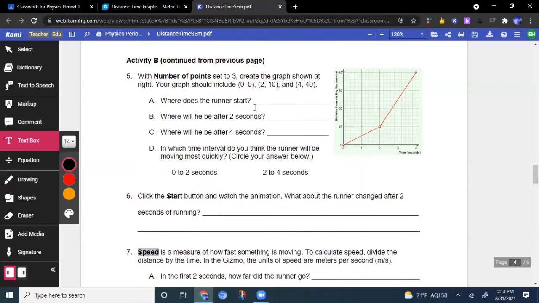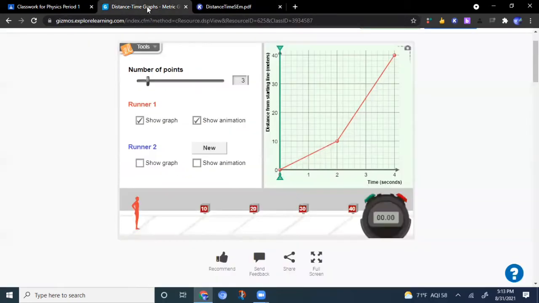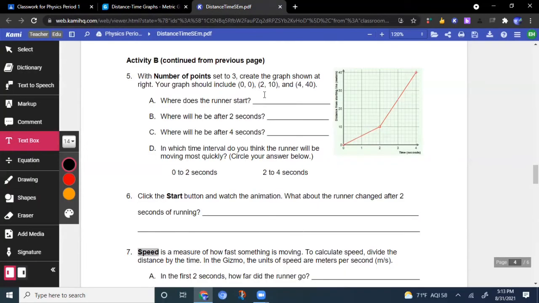Where does the runner start? The runner starting at 0. Runner starts on the 0 meter line.